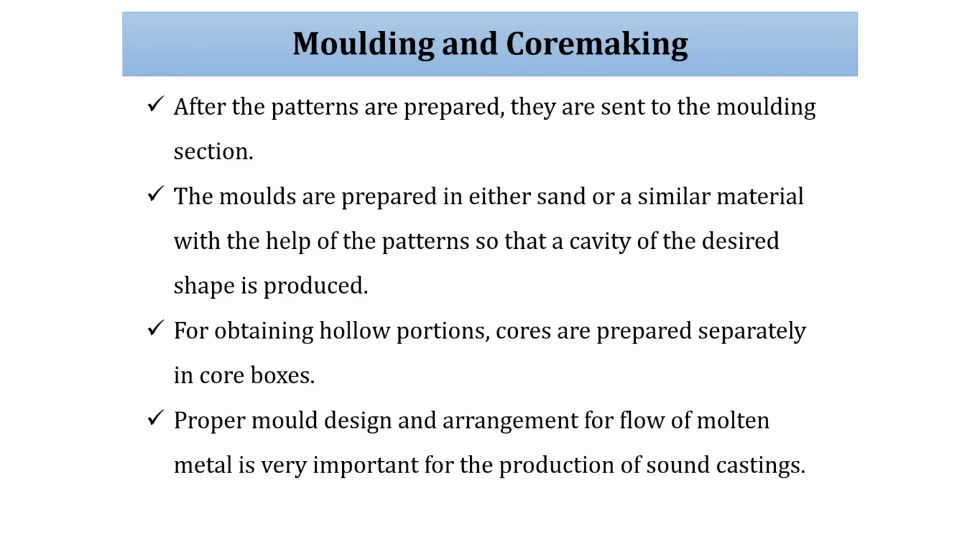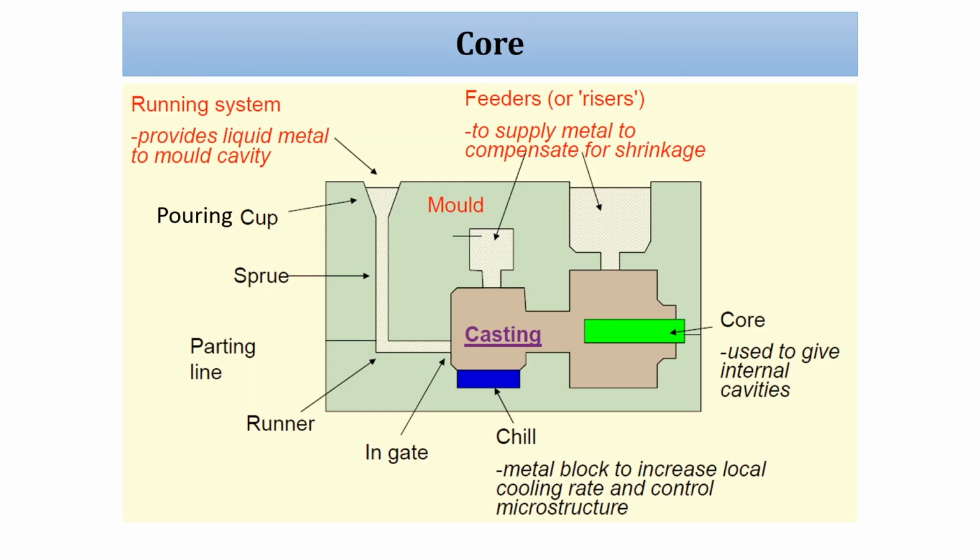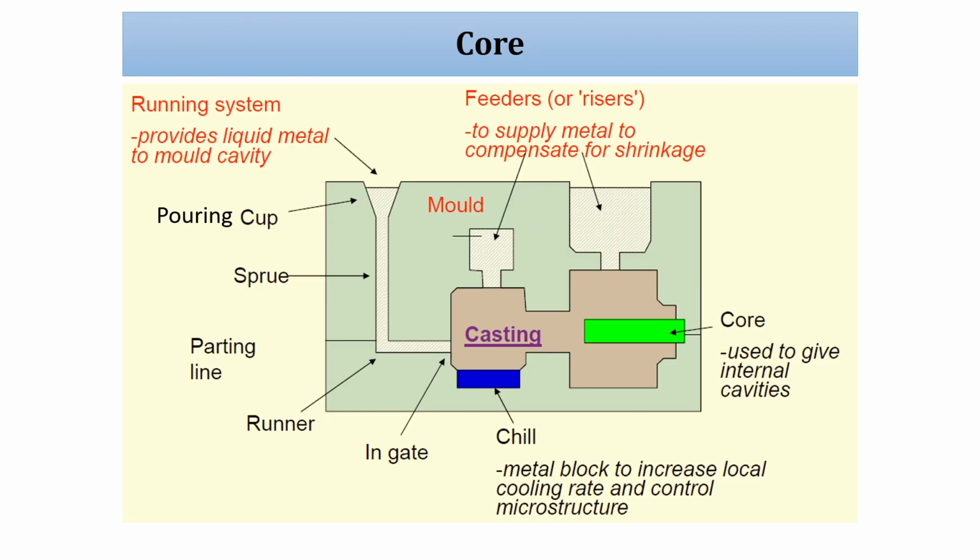Now I am discussing mold and core making. What is the core? A core is a sand material which is used to make a hollow product. Let us assume I want to make a hollow circular area in this casting. This is the pattern, this is a riser, this is also a riser, and this is the gating system: pouring cup, sprue, and ingots.